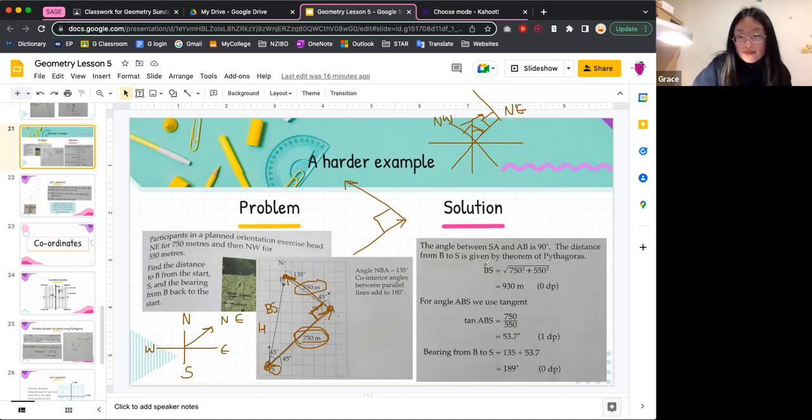So in this case, BS squared equals the other two sides squared and added together: 550 squared plus 750 squared. Then we take the square root of both sides to get this.